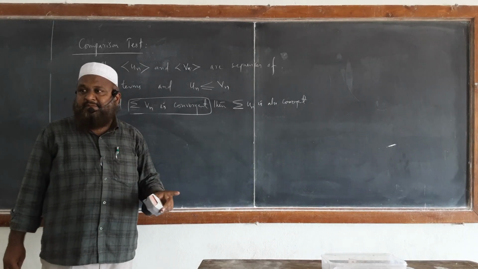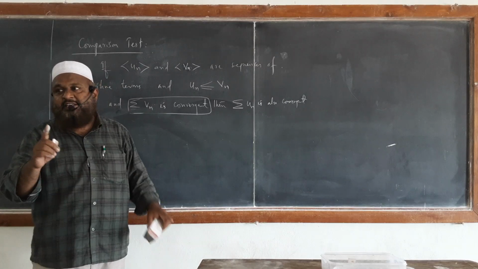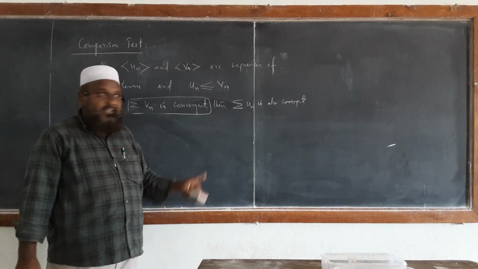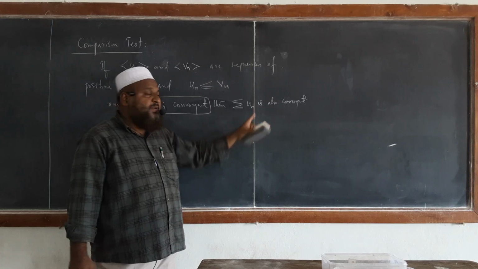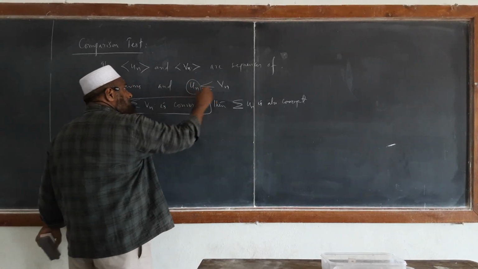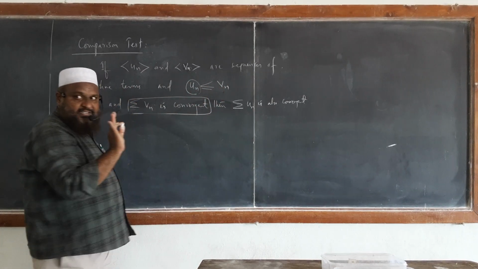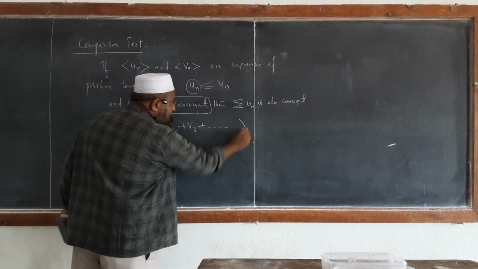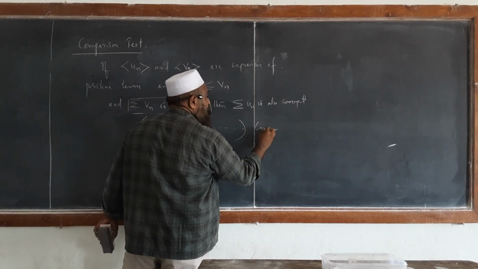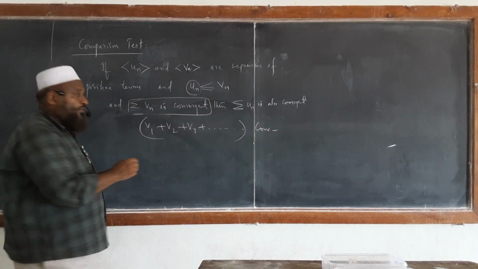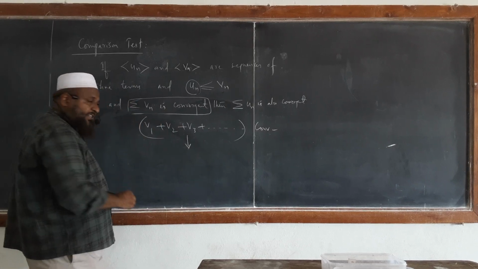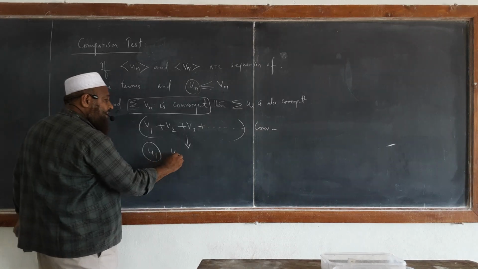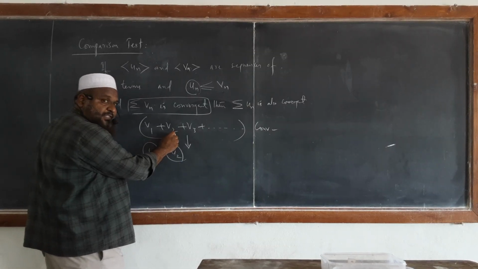Back to the point. If it is convergent, you know the total of all the terms; it's a unique finite number. If sigma vn, v1 plus v2 plus v3 and so on, is convergent, how is sigma un? U1 is smaller than V1, U2 is smaller than V2, and so on.